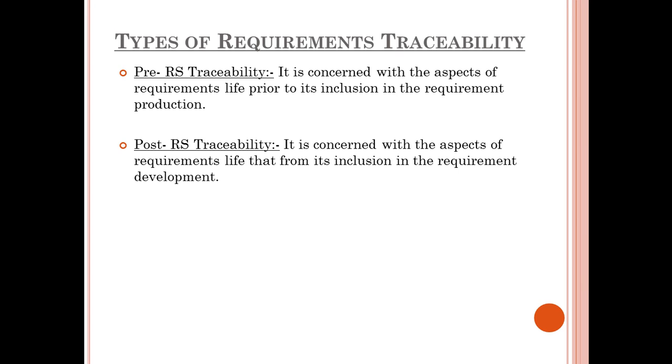It means from and back to the baseline through a succession of artifacts in which they are distributed. So basically, with these two types of requirements traceability, the main difference involves the information they deal with and the problems they can assist. So these are the two different types of requirements traceability.